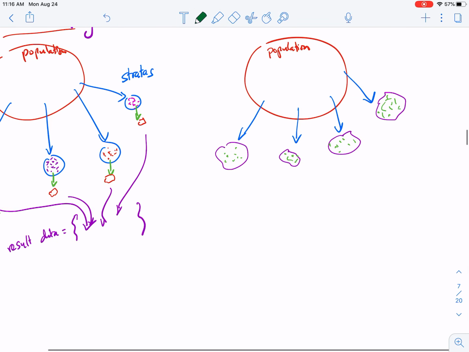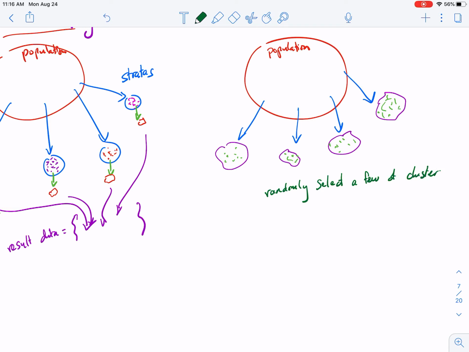The next step is we randomly select a few of these clusters, then sample all subjects in those clusters.